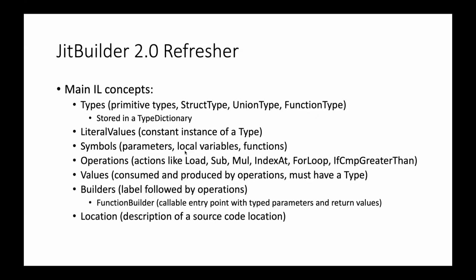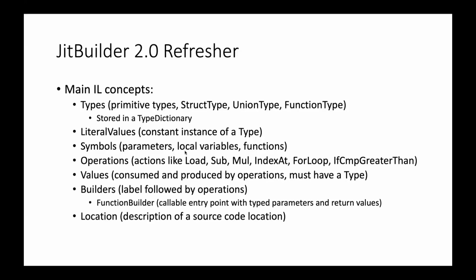So this first page goes through the main characteristics of the intermediate language that is JitBuilder 2. That is the main contribution of JitBuilder 2.0 over and above the JitBuilder library that exists in OMR today, in that it turns the JitBuilder API into a more fully fledged intermediate language that you can introspect and work with.